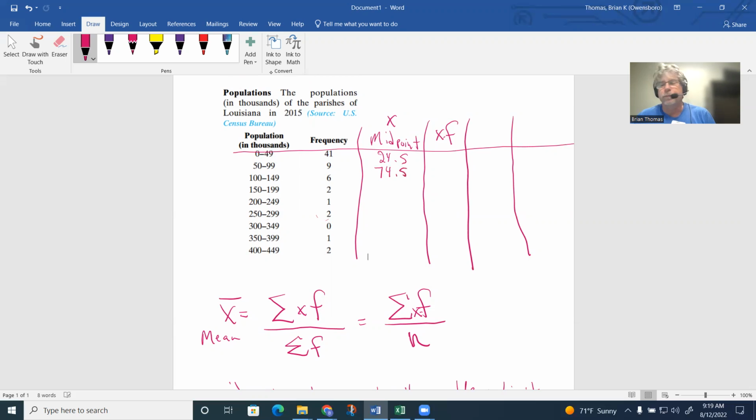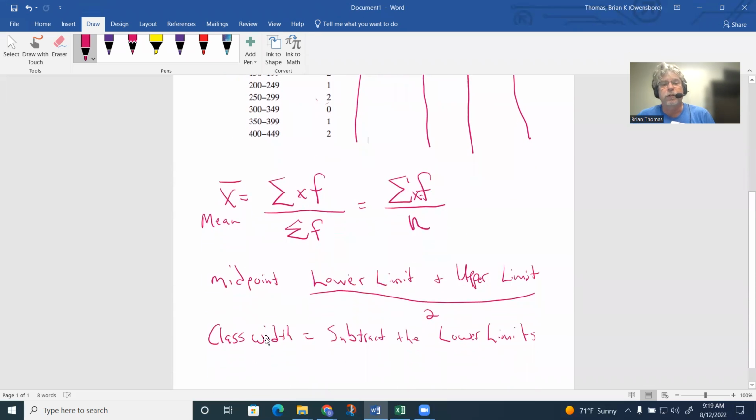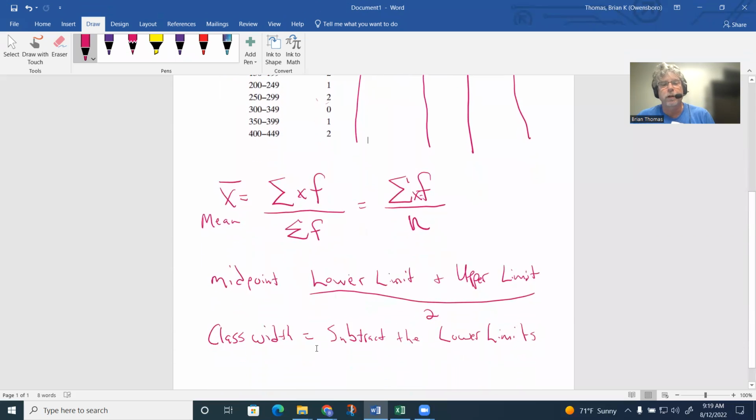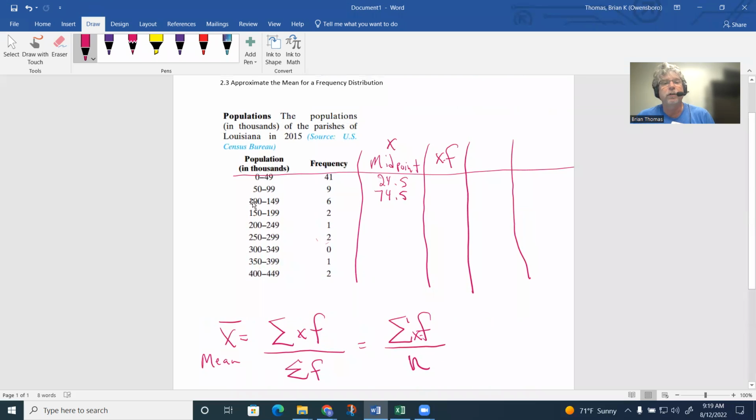Something else we can do here is, if we use the class width, we can move from midpoint to midpoint. If we subtract the lower limits, 50 minus 0 is 50, 100 minus 50 is 50, 150 minus 50 is 50.